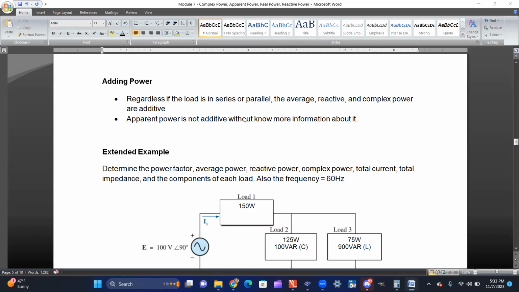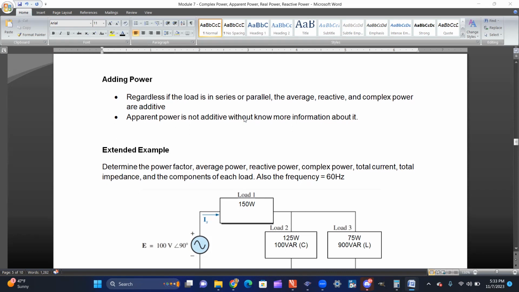If you only know your apparent power, and the apparent powers you're adding together don't have the same angle, you're going to get the wrong value. So you have to know the angle associated with that apparent power. If you know that, then you know the complex power, which goes back to this first bullet. If you know the complex power, you can just add them all together.